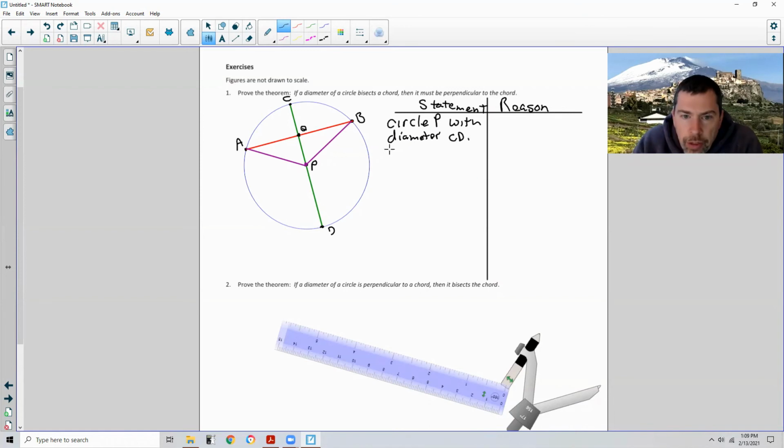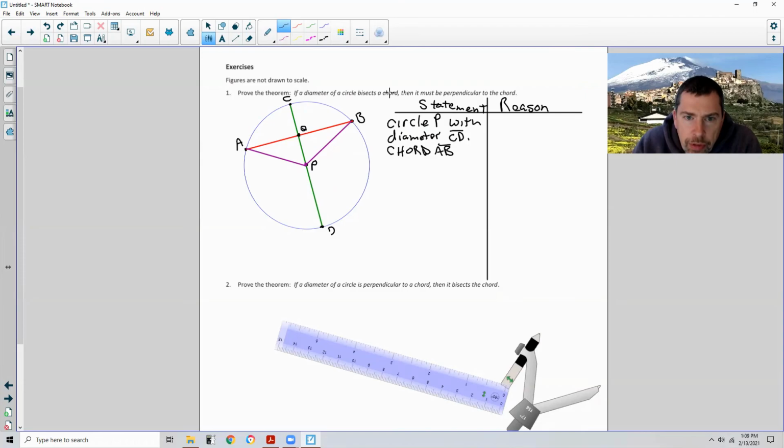Okay, we have a chord AB. Okay. And a Q.